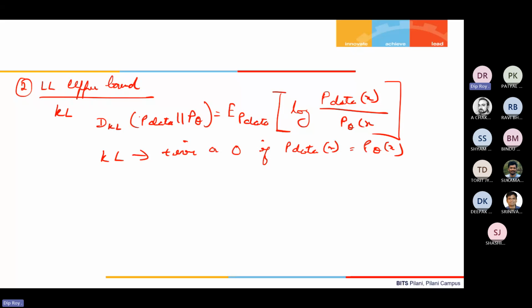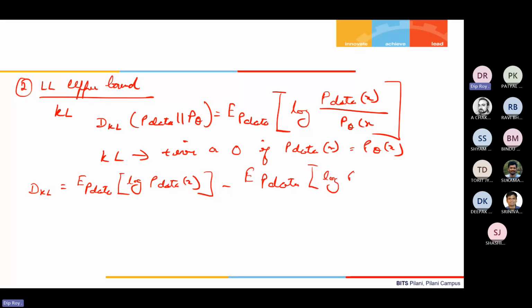Now if we expand this equation, we can write D_KL as the expectation under P data of log of P data x, minus the expectation under P data of log of P theta x. I've just expanded this.